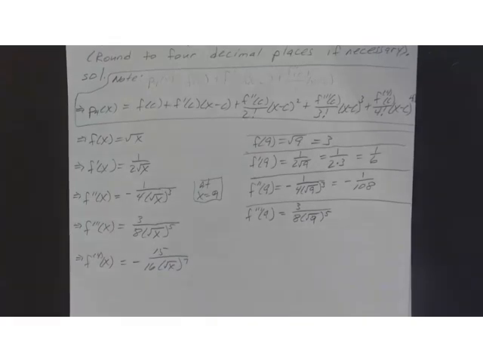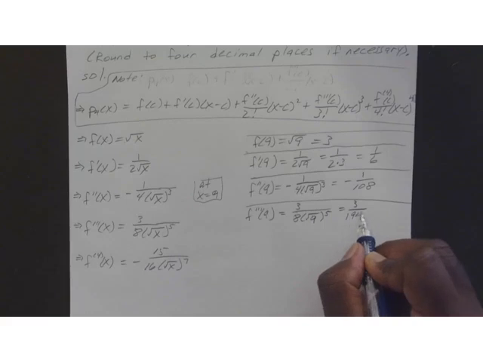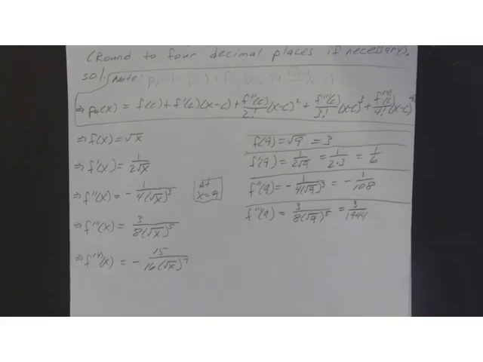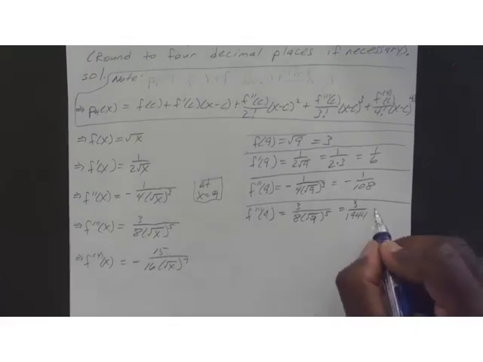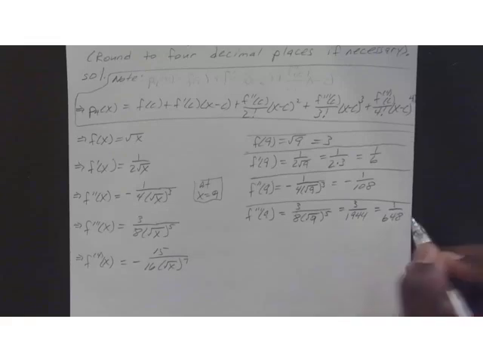So that gives us 3 to the fifth power times 8. So this ends up being 3 divided by 1,944, which can be simplified because both are divisible by 3. So we end up with 1 over 648.